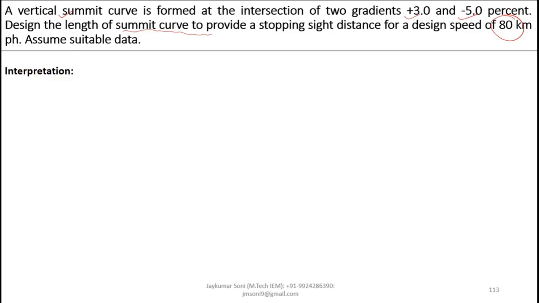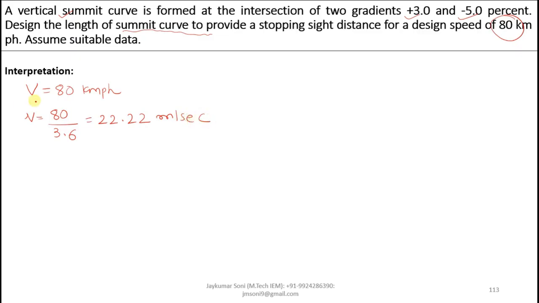Here the speed, capital V, as 80 kmph is given. We need to convert this capital V into small v, which means converting 80 kmph into meter per second. To convert any kmph into meter per second, you divide the value by 3.6 and we get 22.22 meter per second.